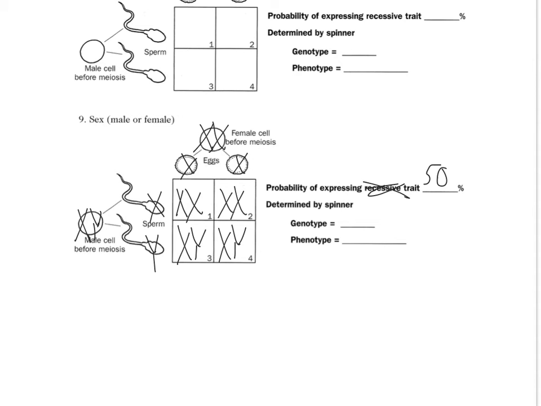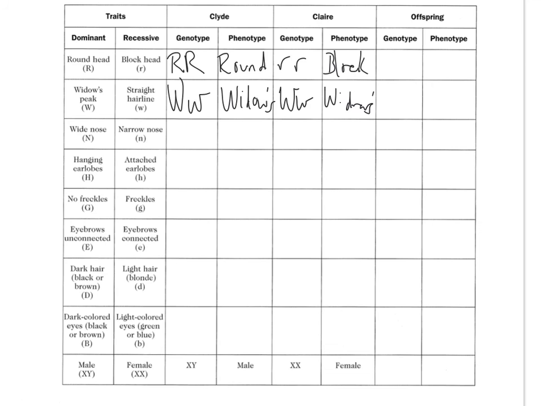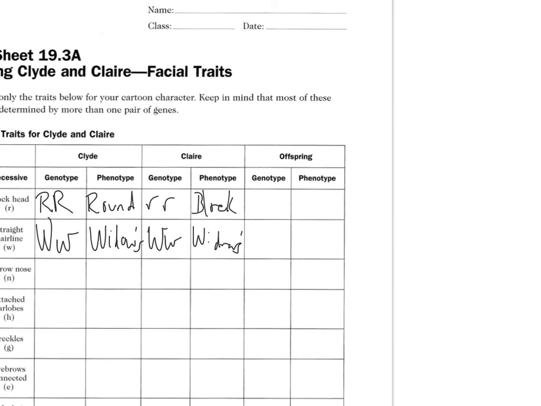I'm going to spin the spinner. 1, 2, 3, 4. Let's say in this case I end up with a 2. That would mean that I have a female offspring. And I'm ready to go back to the main chart. So here I am back on my main chart, and we want to look at the offspring.